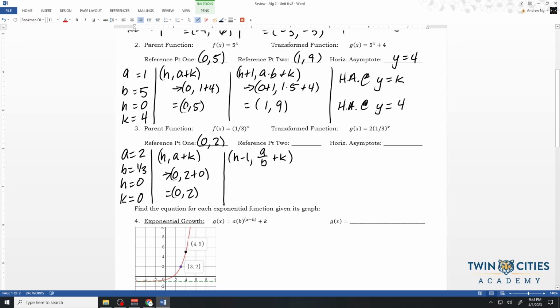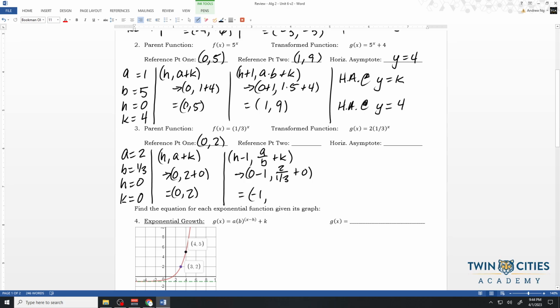So h minus 1, this will be 0 minus 1. And then a divided by b is 2 divided by 1/3. And then plus k at the end is 0. 0 minus 1 is negative 1.